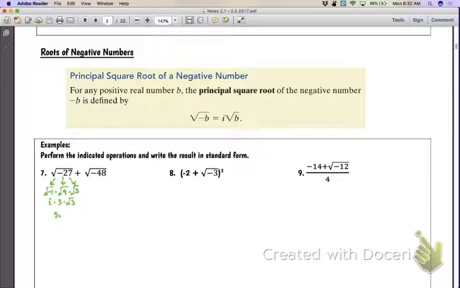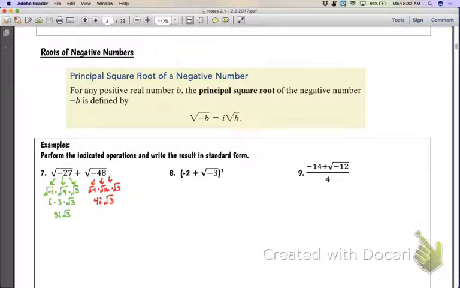So I have 3i times the square root of 3. I'm going to do the same thing over here with the 48. And I'm going to have a negative 1. I'm going to have a 16. And I'm going to have a square root of 3. So I'm going to have 4i times the square root of 3.